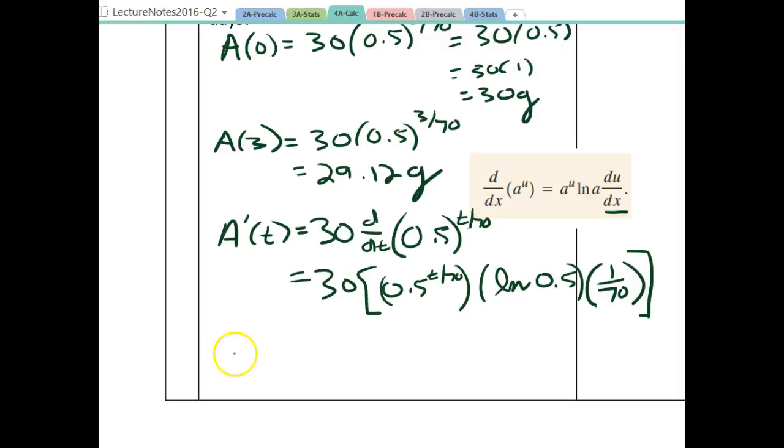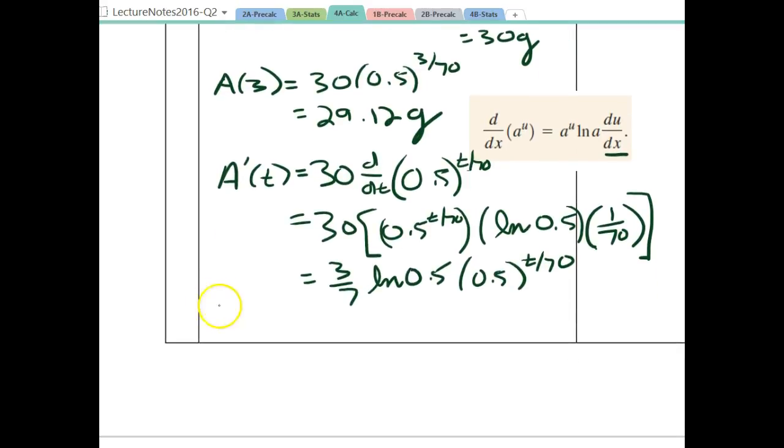So that's what we have then for our derivative function. 30 over 70, which we can just write as 3/7. So I have 3/7 times the natural log of 0.5 multiplied by 0.5 raised to the t over 70.